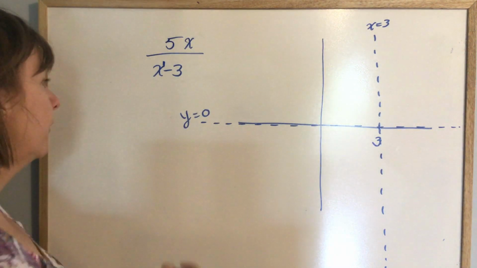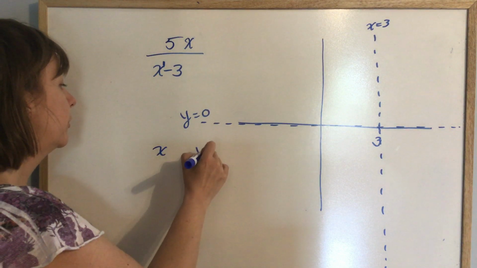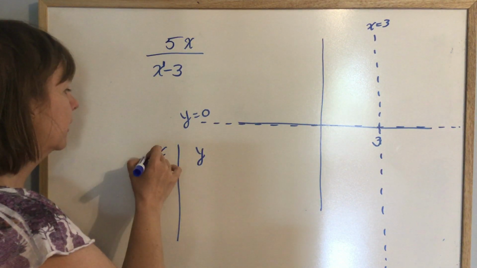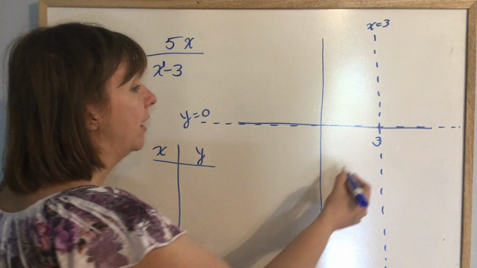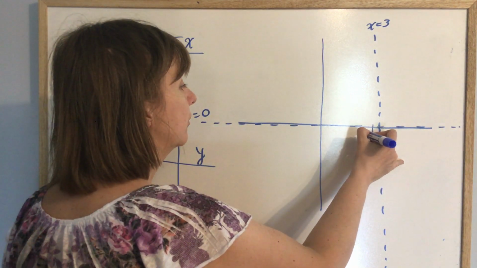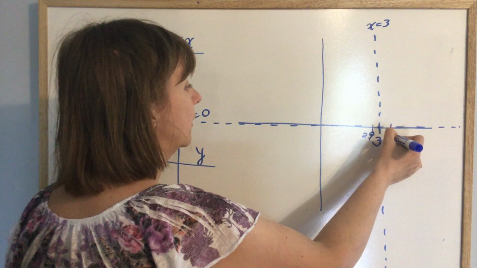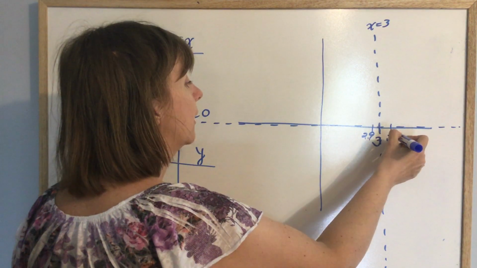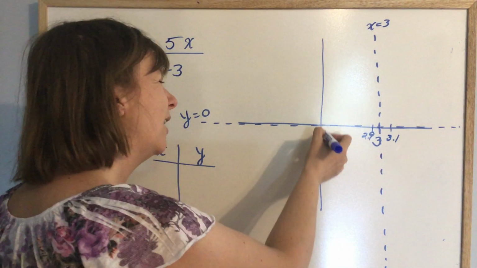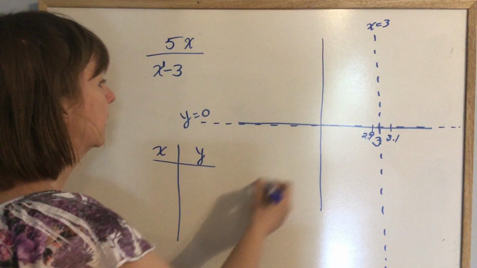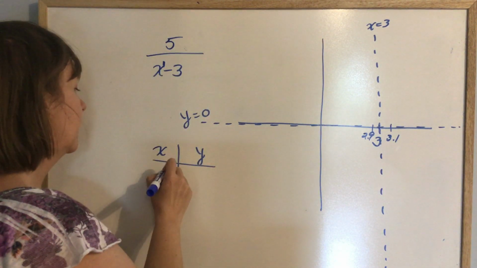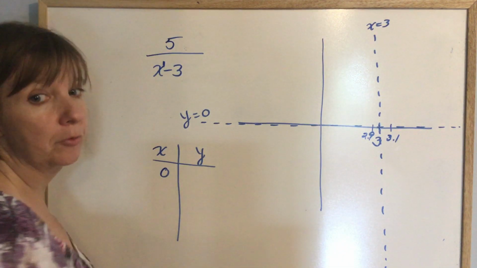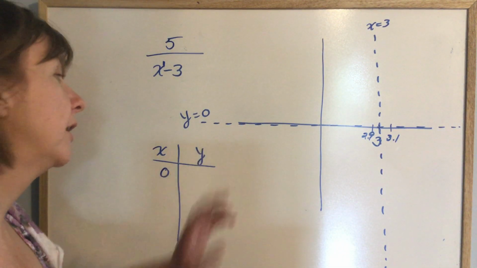In order to graph this, I would do a very quick table of values. I would be picking values that are close to 3 on either side, so say 2.9 and 3.1. I would also likely pick x as 0, because it'll give me a good reference point to put on an intercept.